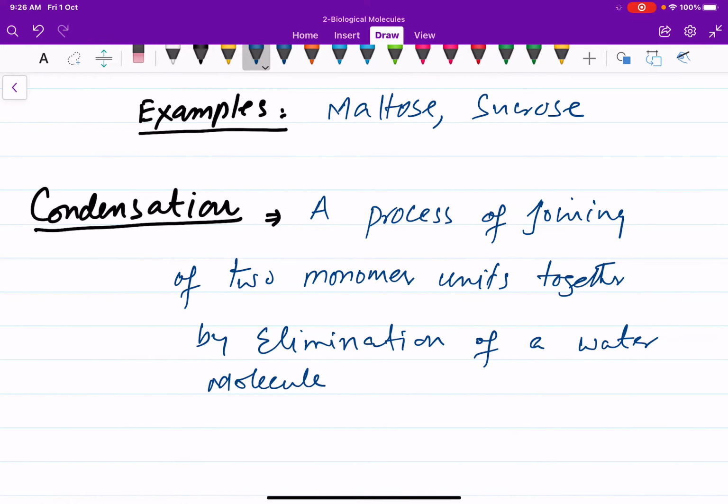A process of joining of two monomer units together by elimination of a water molecule.